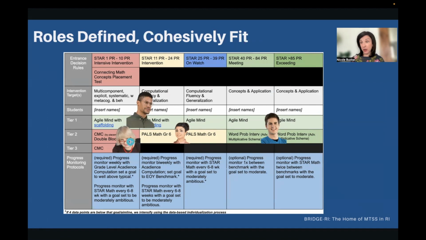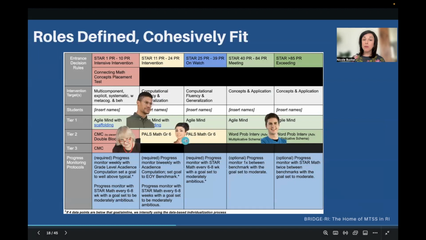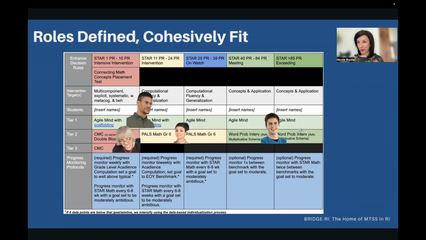The special educator or tier 3 or specialist is doing the double block of the connected math concepts. And because it's a very explicit, systematic kind of mapped out program, she can even have the assistance of a paraprofessional or even a volunteer, anyone who's well trained, and it's going to progress monitor like this. Meanwhile, the other 2 grade level tier 1 teachers are going to run a targeted group, right?